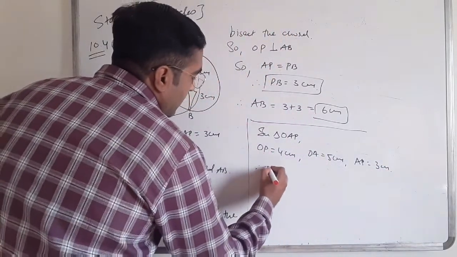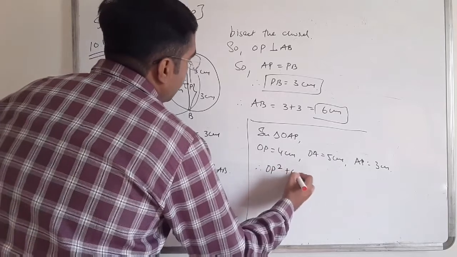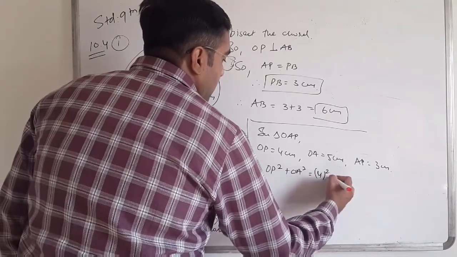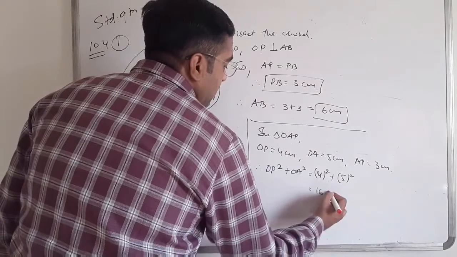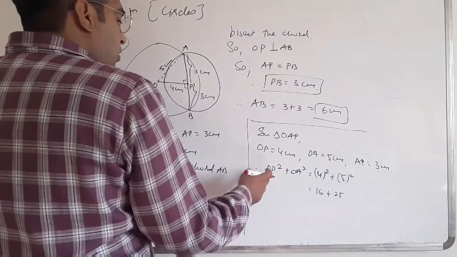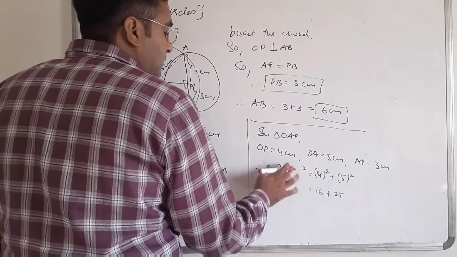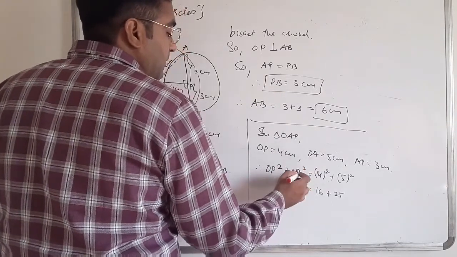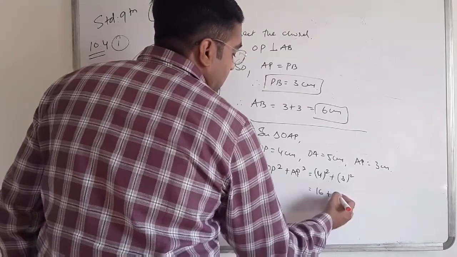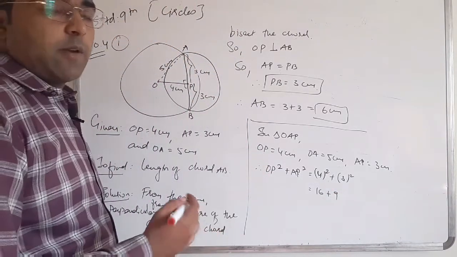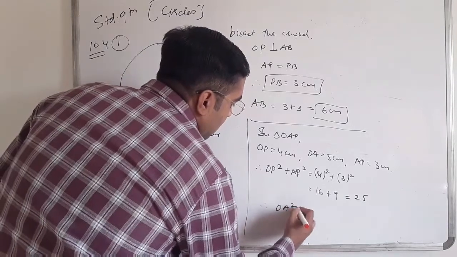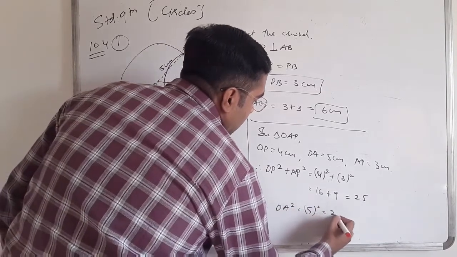So therefore OP square plus AP square, sorry, my mistake, it is OP square plus AP square: 4 square 16 plus 3 square 9, that total is equal to 25, and therefore OA square is also equal to 5 square, which is also equal to 25.